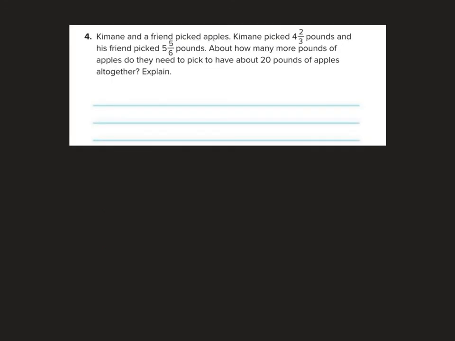All right, Kamain and a friend picked apples. Kamain picked 4 2/3 pounds, and his friend picked 5 5/6 pounds. About how many more pounds of apples do they need to pick to have about 20 pounds of apples altogether? Explain. Okay, so here's what I'm seeing. I'm going to have to add how many pounds Kamain picked and how many pounds his friend picked, and then subtract that from 20 to see how many more they need to get to 20.